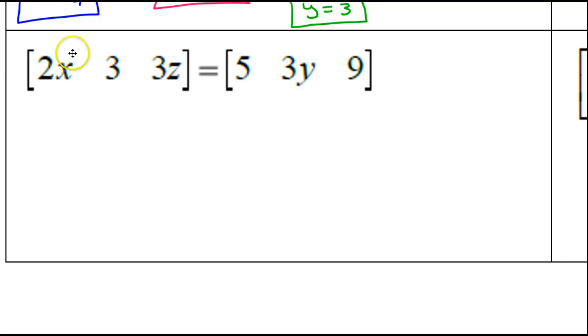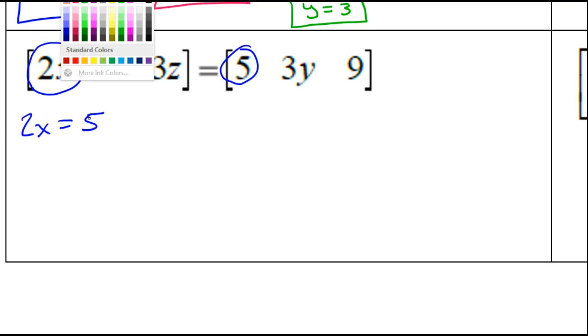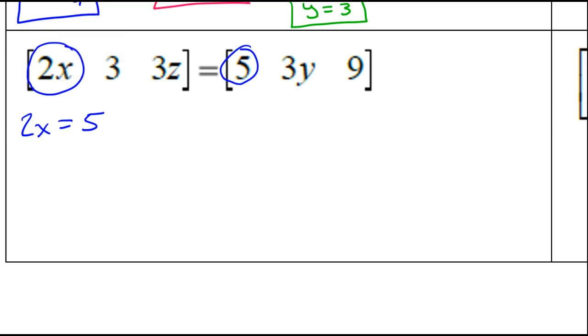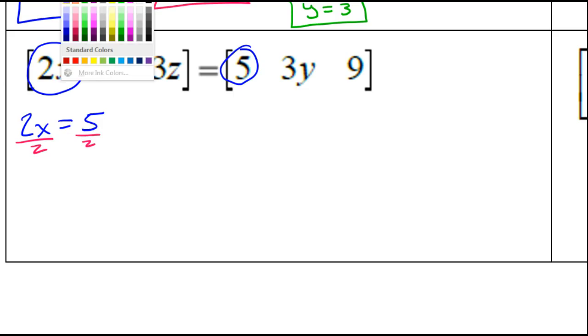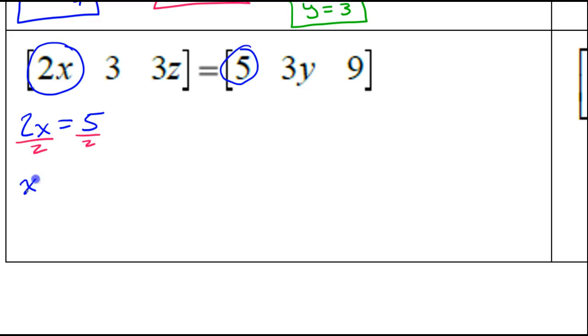Okay, here again, I can make little equations by setting the corresponding elements equal to each other. So 2x is equal to 5, and dividing both sides by 2, that's going to give me x is equal to 5 halves.